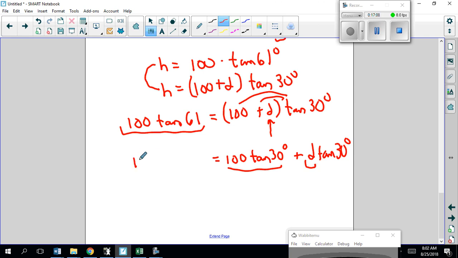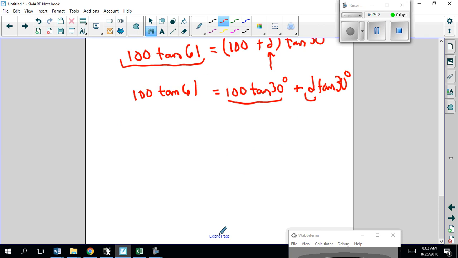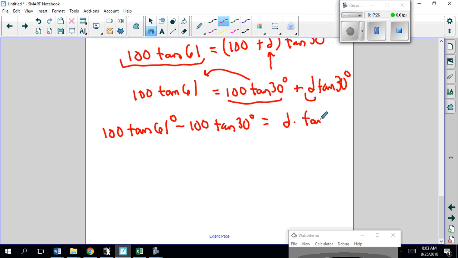But I'm not going to do that. I'm going to just keep all the symbols there. So this is just a number, move it over. So 100 tangent 61 minus 100 tangent 30 equals d tangent 30. Now, whatever this number is, we're going to divide by tangent 30.